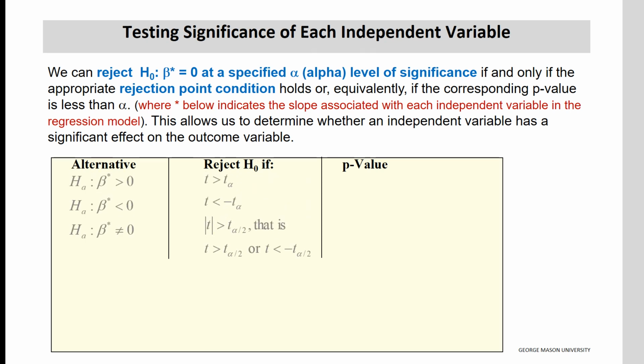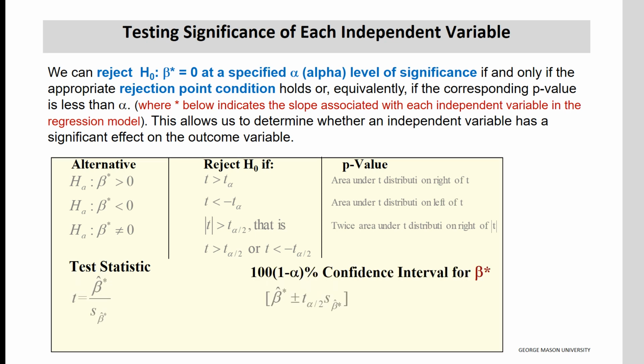So to test the significance of each independent variable, just like in the simple linear regression model, we can use the t-test, and we set up the hypothesis either as non-directional, where basically the slope does not equal 0, or we can have the alternative hypothesis being directional, where the slope can be positive or negative. Usually we do a two-tail test, but if we know what the association might be between the dependent and independent variable, then we can have a directional hypothesis.